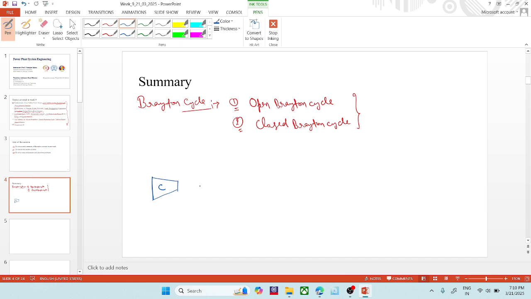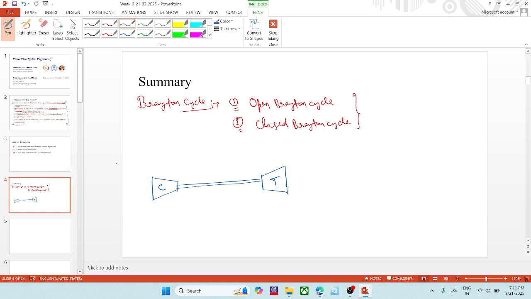This is the compressor, which I will denote with C. Then it has a shaft which connects to the turbine T. Basically, this shaft means that the compressor is run by the mechanical work output of this turbine.